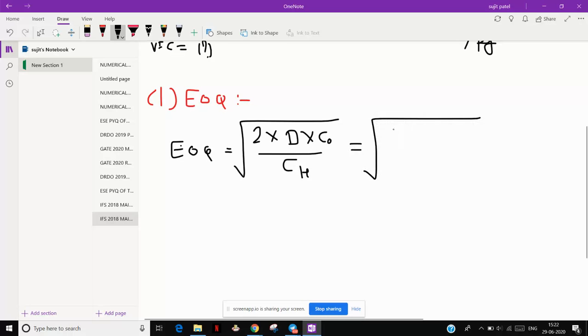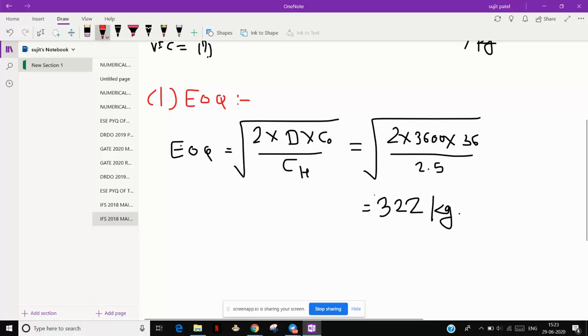So 2, demand is 3600 units per year, ordering cost is 36 rupees per order, and holding cost is 2.5 rupees per kg. When you solve it in the calculator, you will find the answer is 322 kg. That means this is our order quantity, EOQ. This is our first answer.